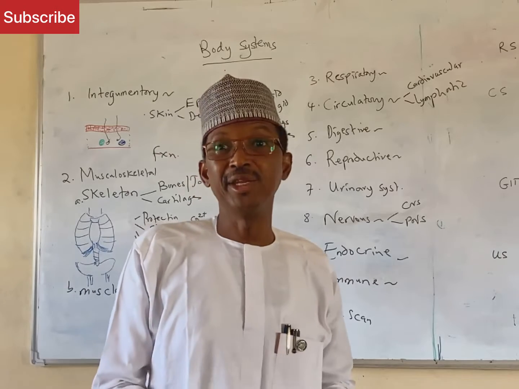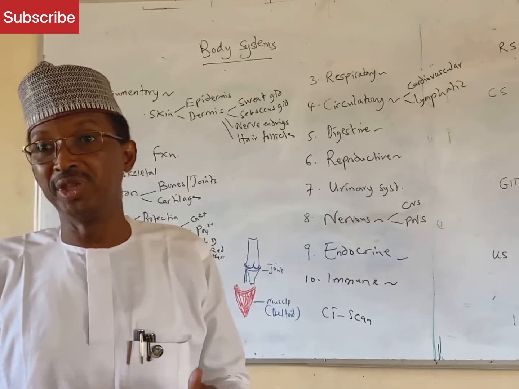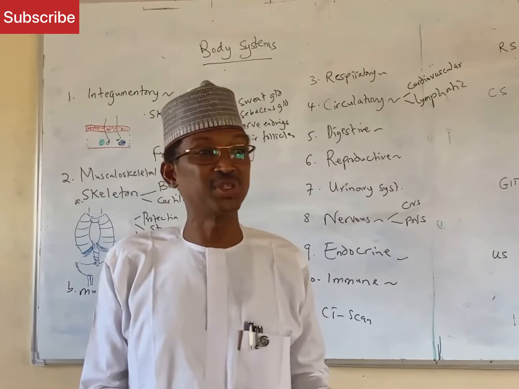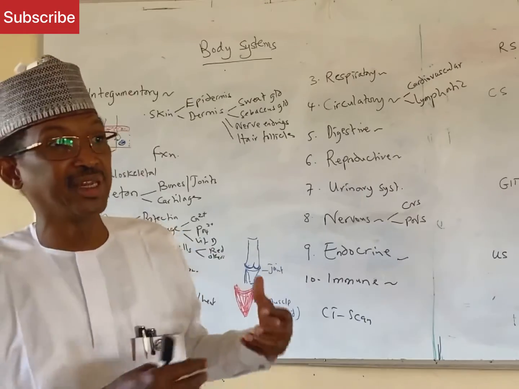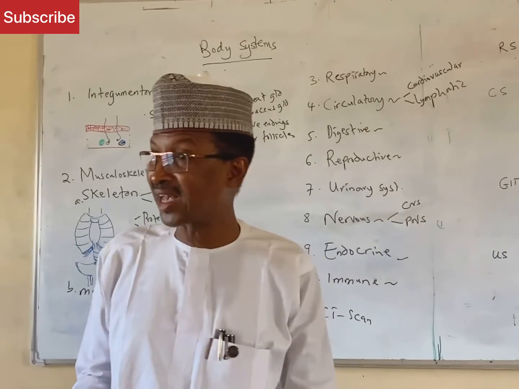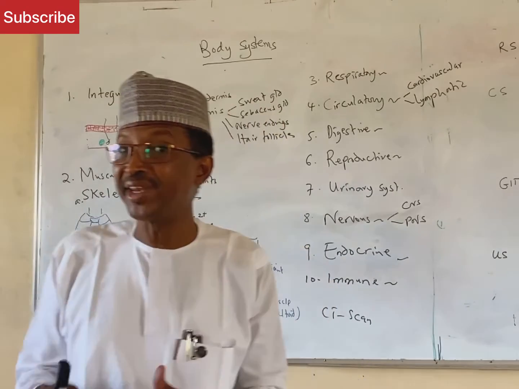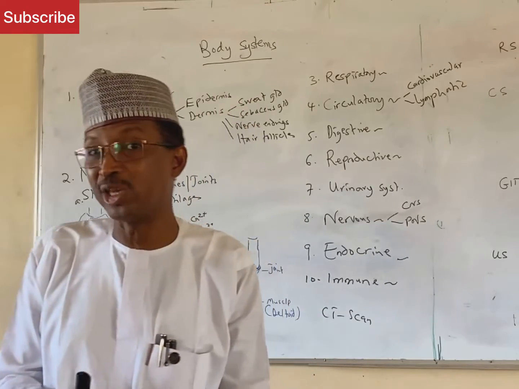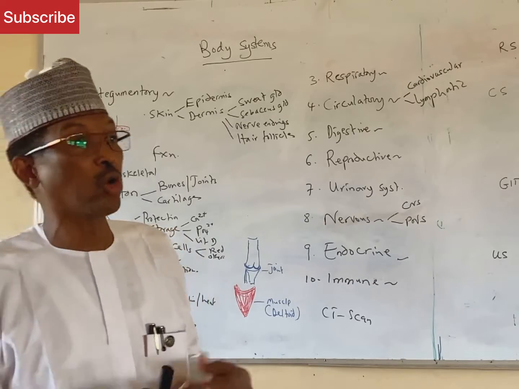And the advent of this CT scan has made physicians and surgeons diagnose and treat diseases with ease. Because no matter how small a disease is in any part of the body, like all these cancers, and any other swelling in the human body, no matter how tiny it is, the machine can detect it and give you exactly where the location is, so that it can guide the surgeon when the surgeon wants to operate.